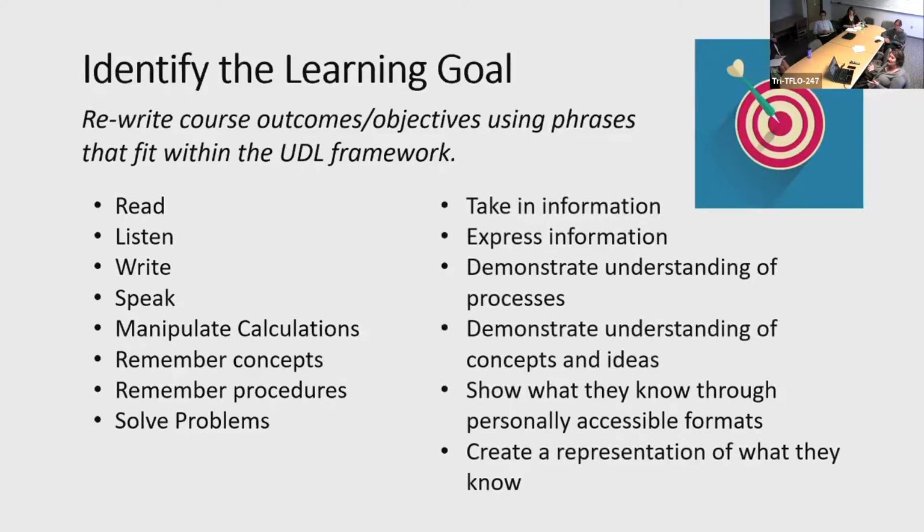Now, if you're in a writing class, obviously you probably want them to write. But if you're not in a writing class, do they need to write, or can they express it in a different way?